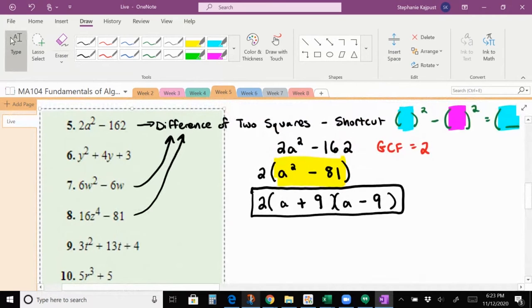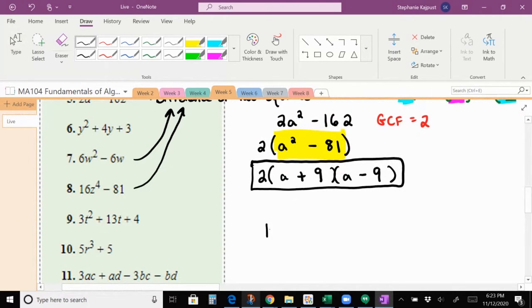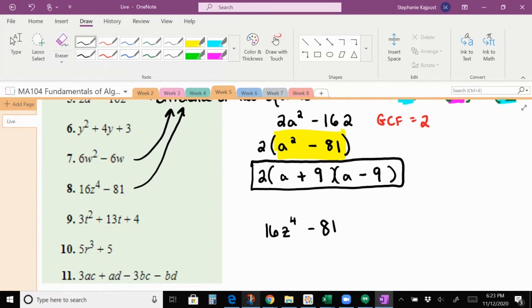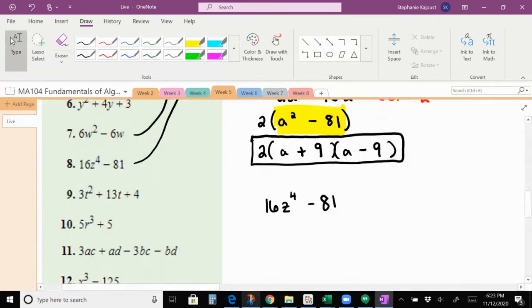Oh, that one. Okay. And then 81. So this one's a tricky one. It's not that tricky. This is one of those things they call quadratic in form. It's just got a little trick because it's not obvious that you have something squared in the first part.